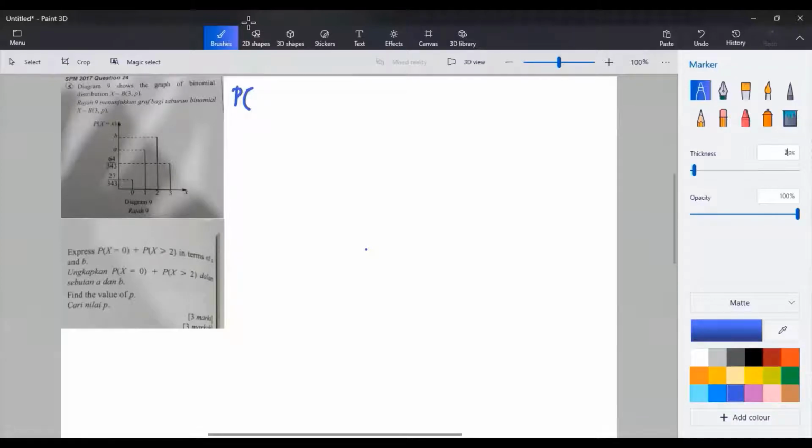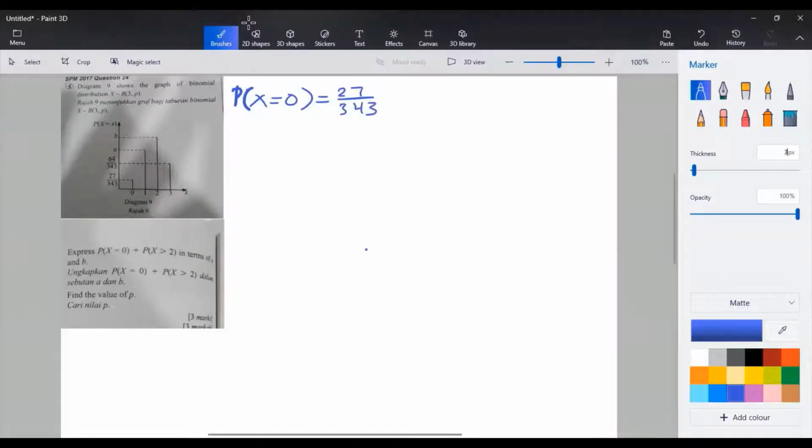Okay, so if you can see the binomial distribution here, for this part, x equals 0, we get 27 over 343.